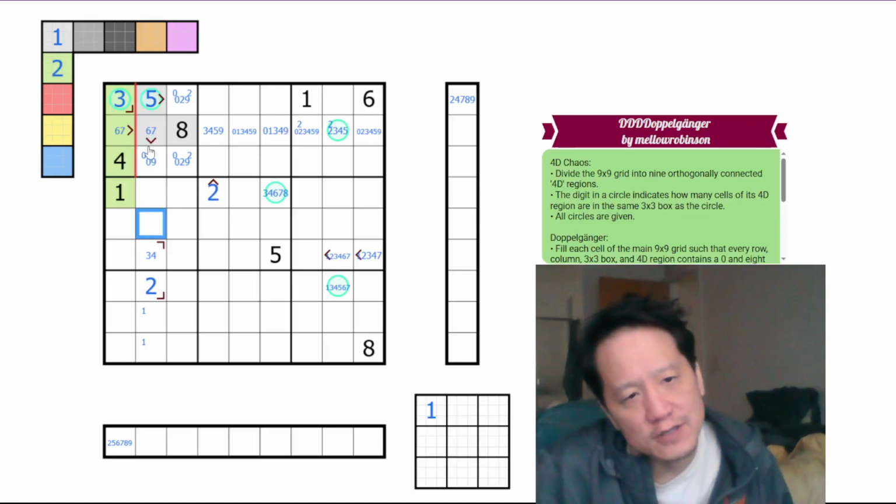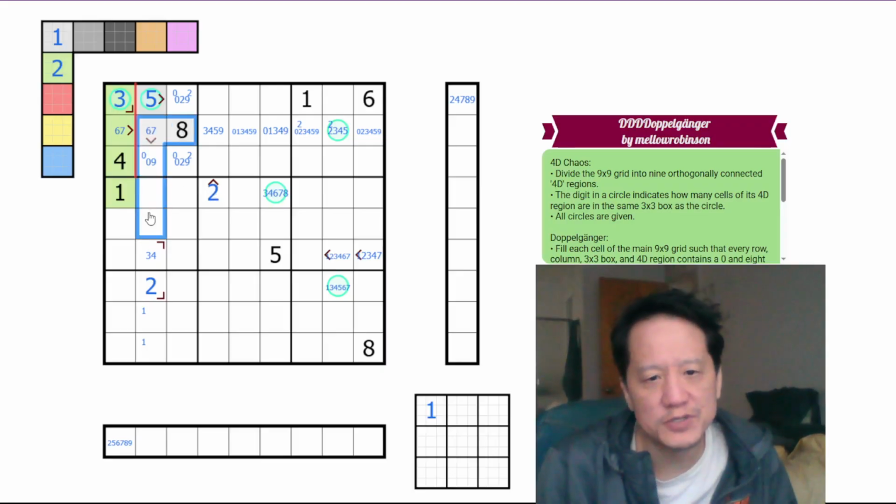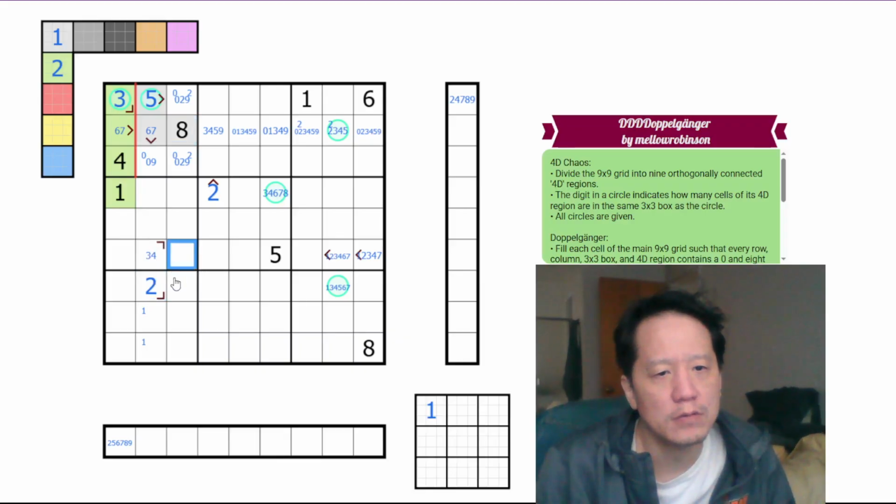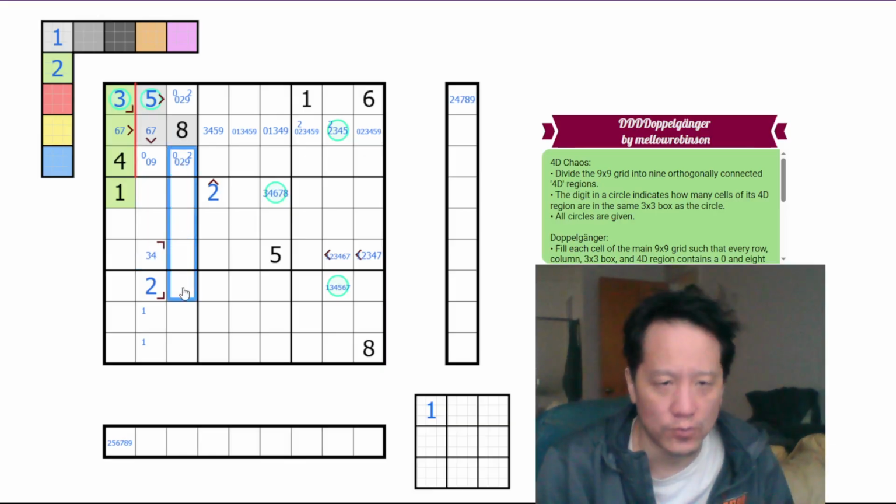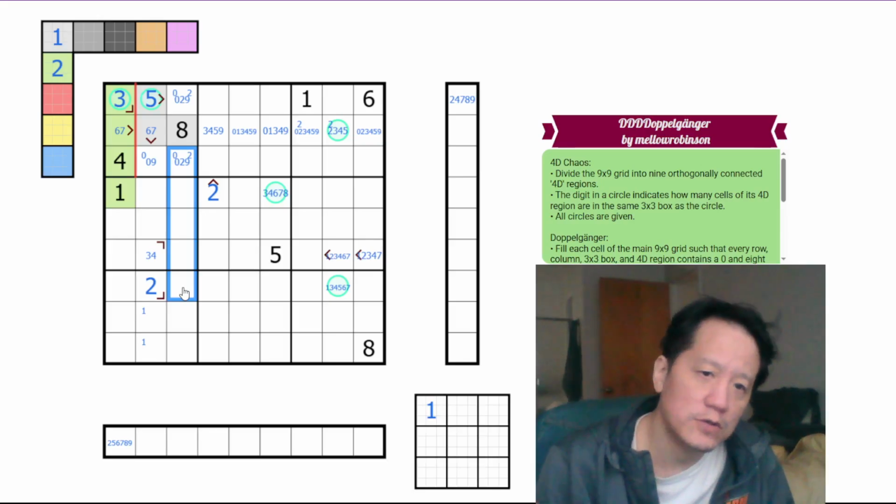So that means the light region is missing a 1. We have 5 guaranteed here. Light can only get to here or 1, 2, 3, 4 here to be missing that 1.